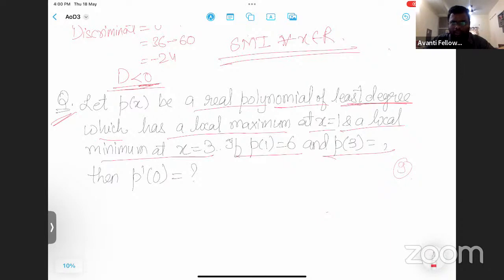P of 6, right? P of 1 equal to 6 and P of 3 equal to 2.